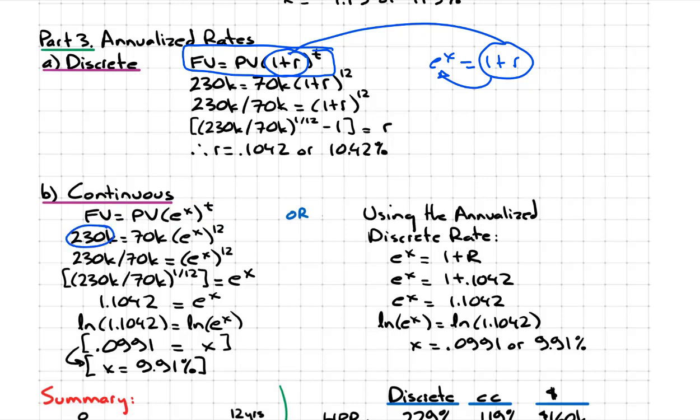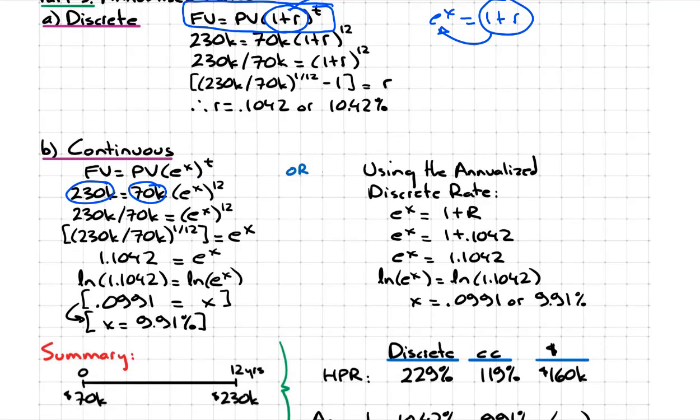So there's our future value, there's our present value, and we know that t is 12 periods. When you do that, we're implicitly indicating that x is an annualized return, which is why it's been compounded 12 times. And then you just do it step by step. Here's the next step, and then this would be the next step. Once you have it down to here, you just take the logarithm of both sides.